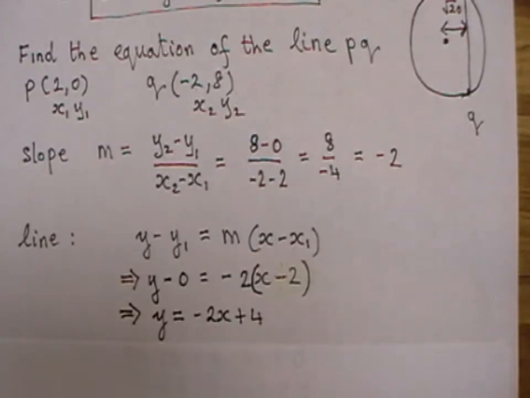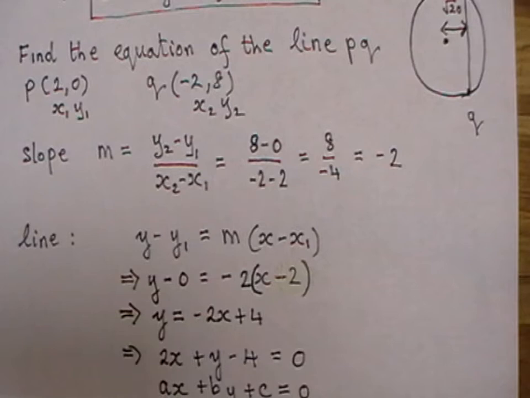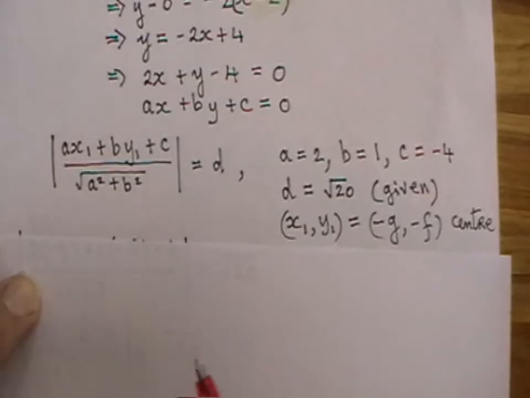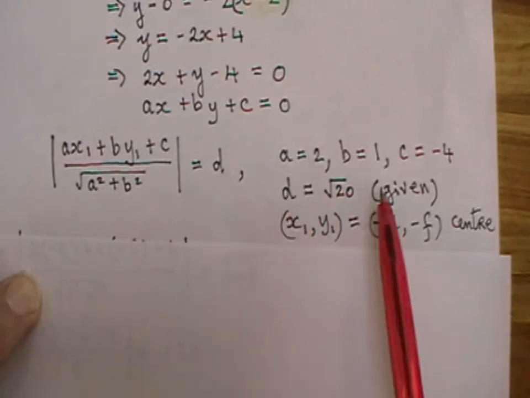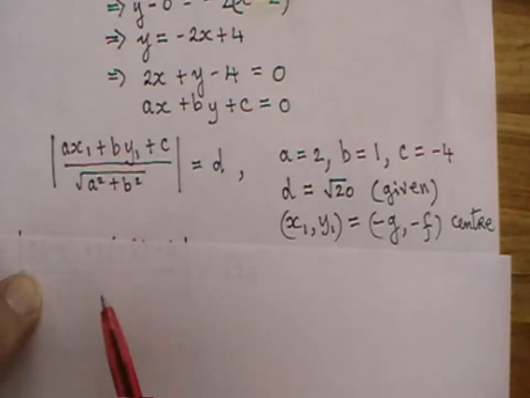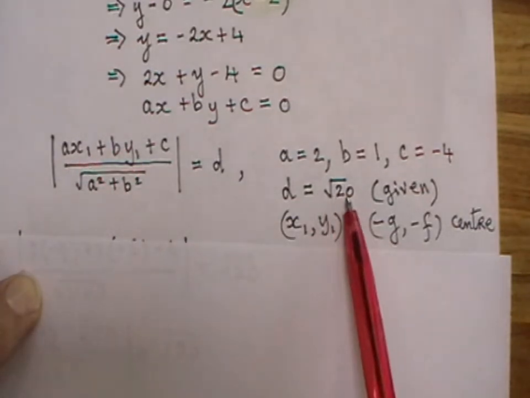I'm going to put that in standard form. -2x becomes plus 2x on this side, plus y minus 4 equals 0. I'm going to match that up with ax plus by plus c equals 0. Now the distance from the centre (-g, -f), which we'll call (x1, y1) for this formula, is given as root 20.